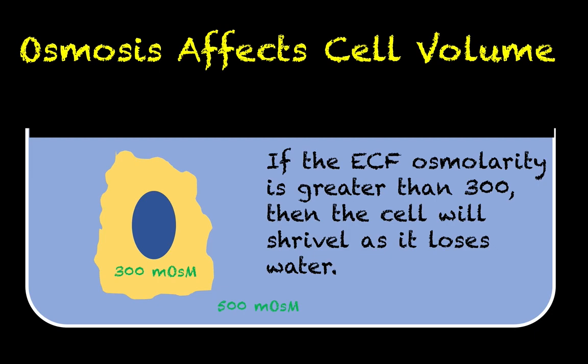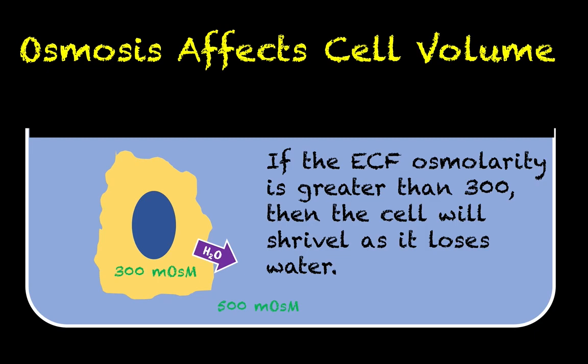Okay, let's consider the opposite scenario. Let's say the extracellular fluid osmolarity is greater than 300. In this particular case, it's 500 milliosmolar compared to the normal 300 inside the cell. The opposite problem will occur here of water leaving the cell by osmosis because, again, water is always going to move from areas of low osmolarity to areas of high osmolarity.